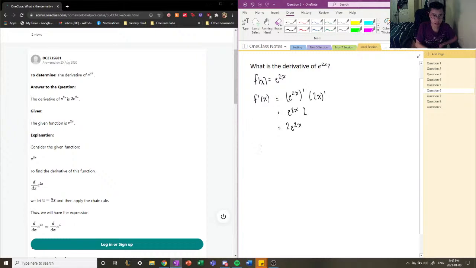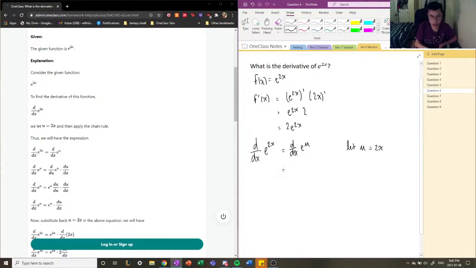Okay, so I used this notation. We can also use this other notation here. So this also means that we're deriving this function in terms of x, right? So the junior tutor, first of all, created a variable. So let u equal 2x, right? So if u is equal to 2x, then this is also equal to d/dx of e to the u.